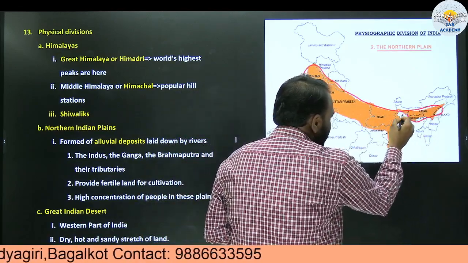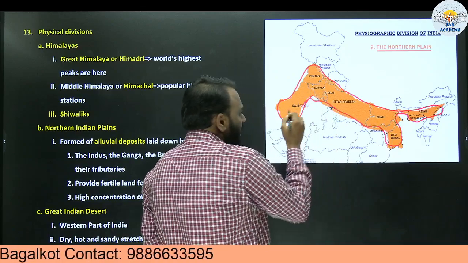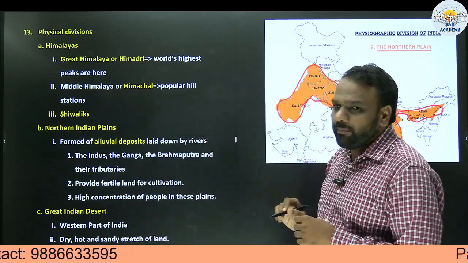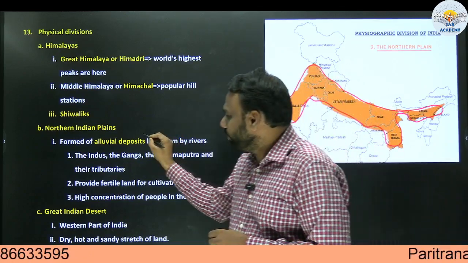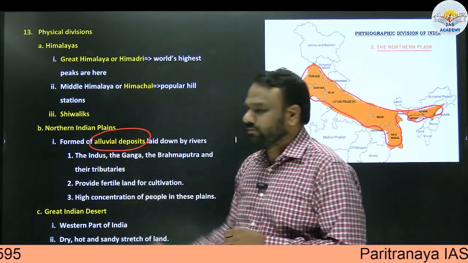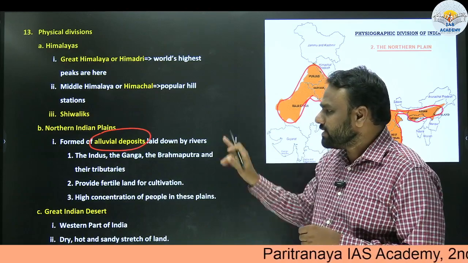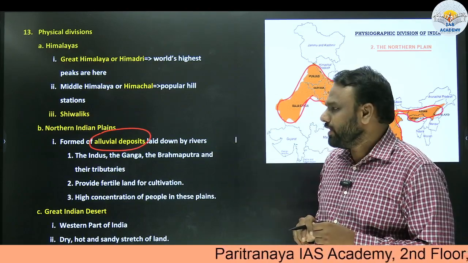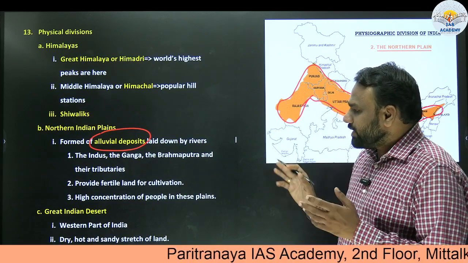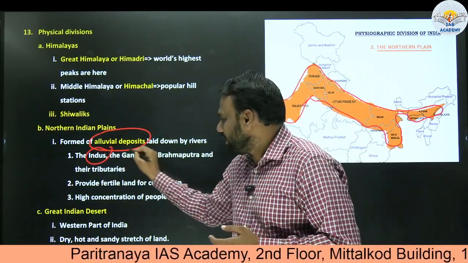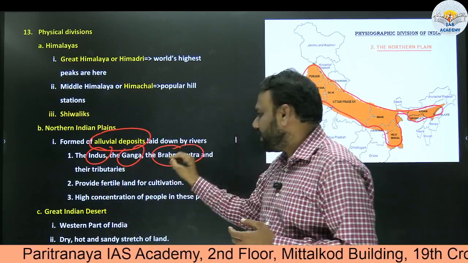There is no exact demarcation, but roughly this part we call the northern Indian plain. These northern Indian plains are formed of alluvial deposits. Very important. A question might be asked, what kind of deposits can we find in northern Indian plains? Alluvial deposits. Next, these deposits have been brought down by which rivers? Indus River, Ganga River and Brahmaputra River.